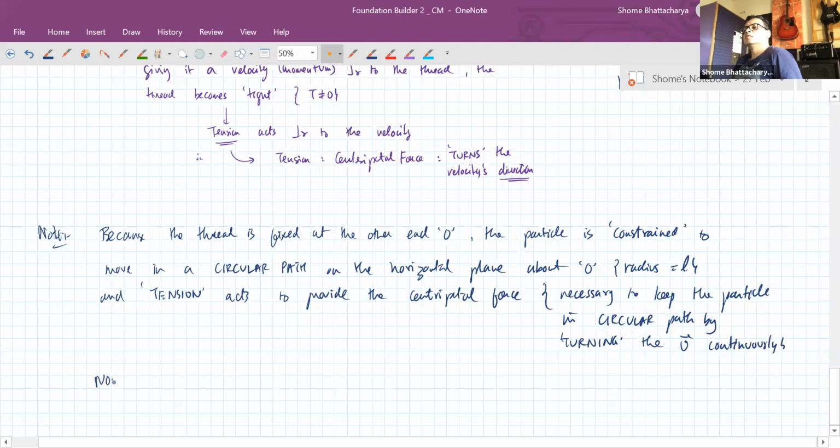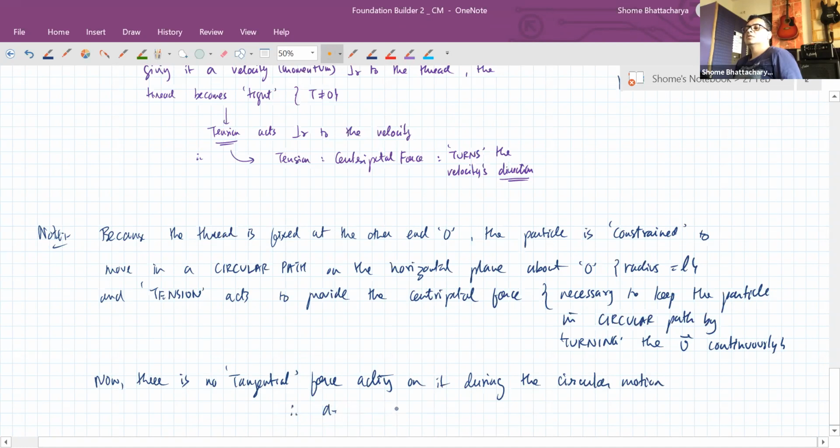Now, there is no tangential force acting on the particle during the circular motion. The surface is frictionless, therefore tangential acceleration is zero.